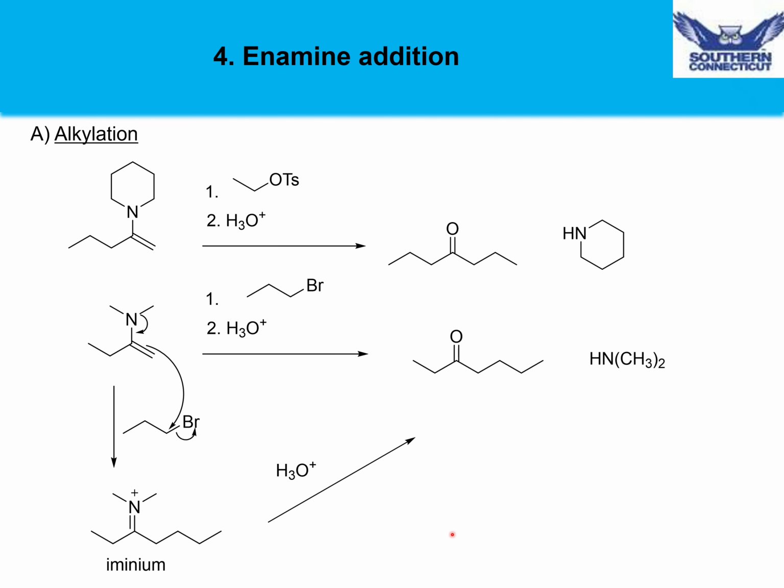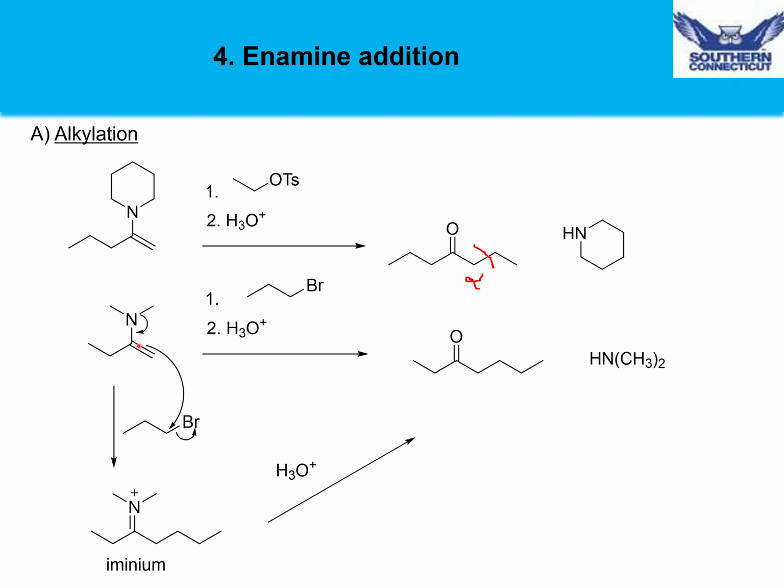So in this example, we made a bond between the alpha carbon, this one here, the alpha carbon of the enamine, and the ethyl group of the alkylating agent. So that carbon there would be this carbon here. And then the enamine nitrogen gets hydrolyzed into this ketone, and then we also have an amine byproduct.